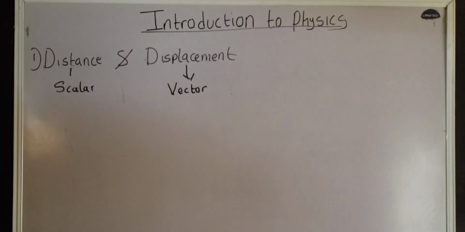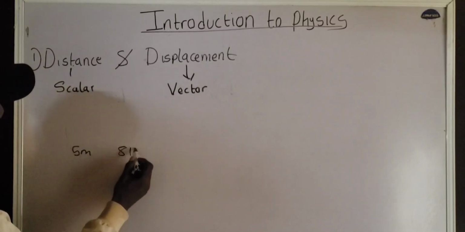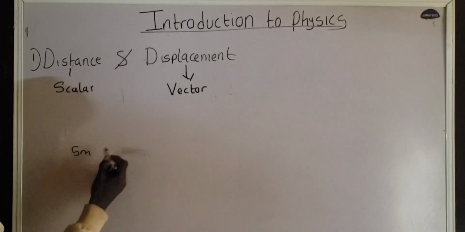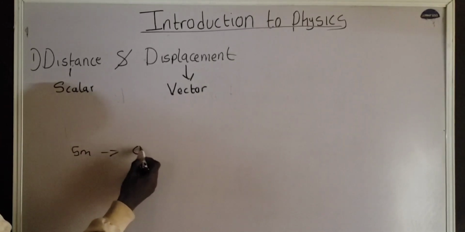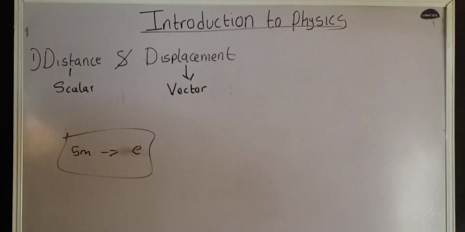Now, when we have distance plus direction, that is displacement. When we are given distance, 5 meters, maybe 8 kilometers, 5 meters to the east, not south, west, east. So 5 meters to the east. So this is what? Displacement. You understand? So that is the basic idea of distance and displacement.